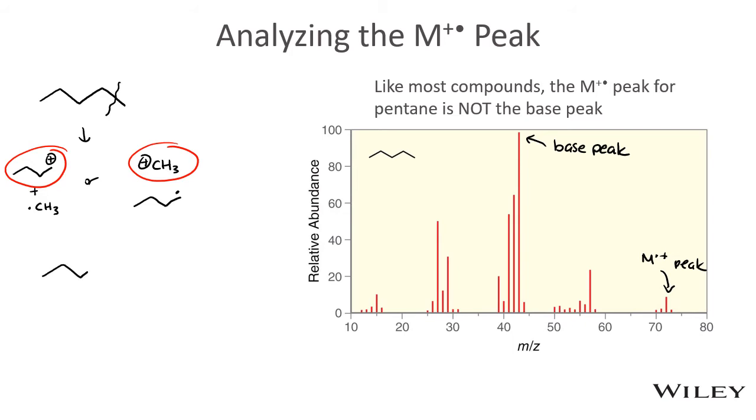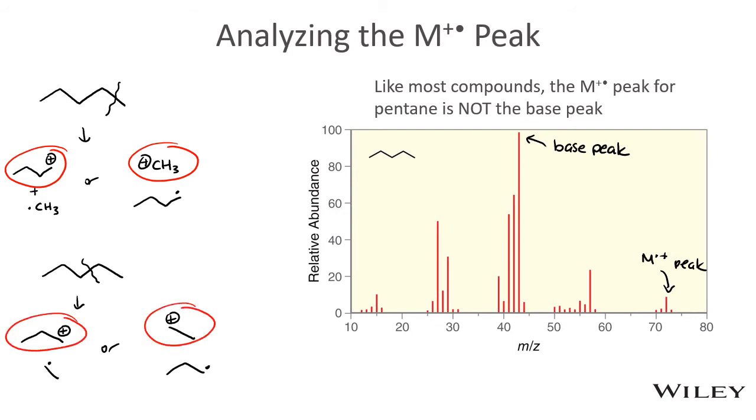Now let's consider other types of fragmentation. We could break it apart into 3 carbons and 2 carbons. Again, we have two possible scenarios. We could have the 3 carbons with the positive charge, as well as the 2 carbons with the radical, or we can end up with the 2 carbons with the positive charge and the 3 carbons with the radical. Again, the machine would recognize only the positive charges. Now it turns out that this piece here has a mass of 43.